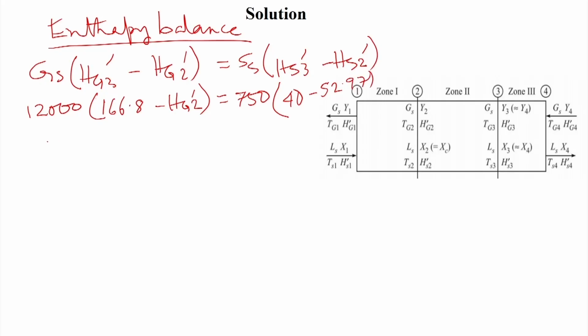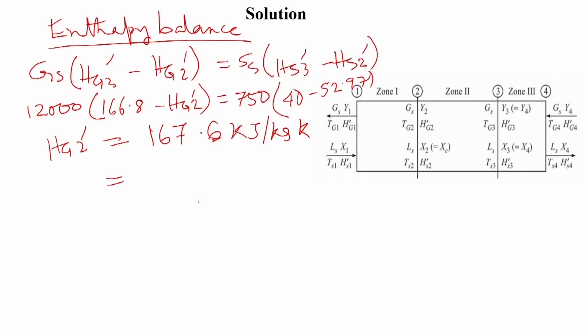From here actually we will be getting Hg2 prime. So, that is coming out at 167.6 kilojoule per kg Kelvin.